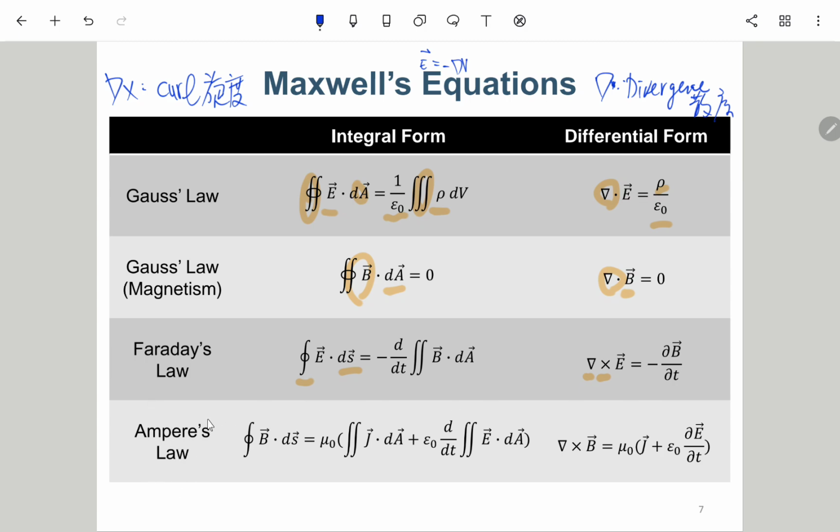Okay, so similarly for Ampere's law, this is also a line integral. For this line integral, we also change it to a curl of B, and then mu zero goes here. This double integral vanishes, so there remains a J here, and then plus epsilon partial t, and then the E goes here, and also this surface integral vanishes.